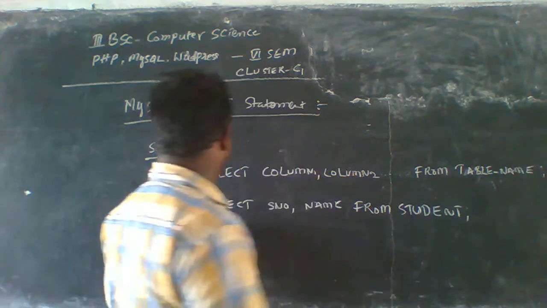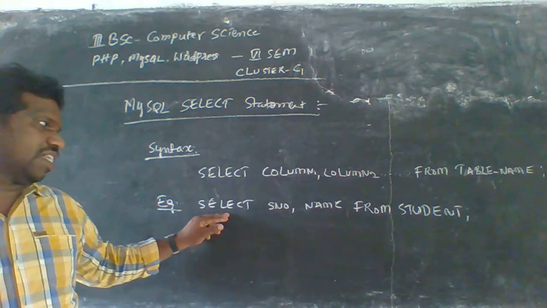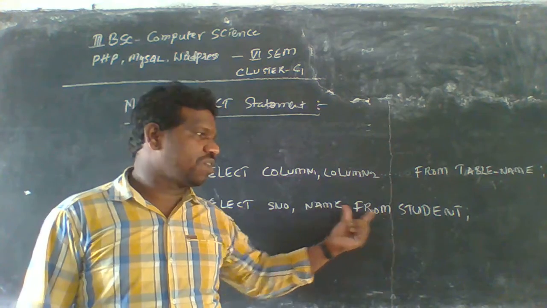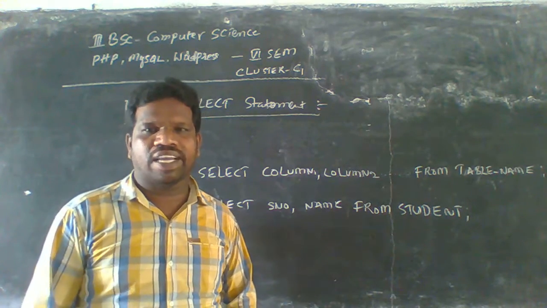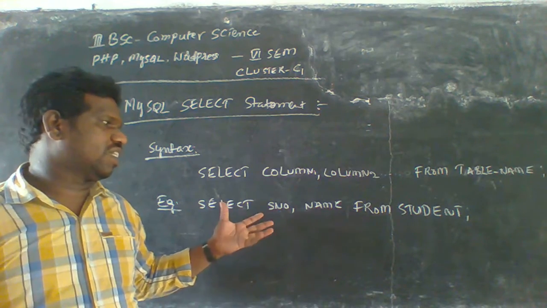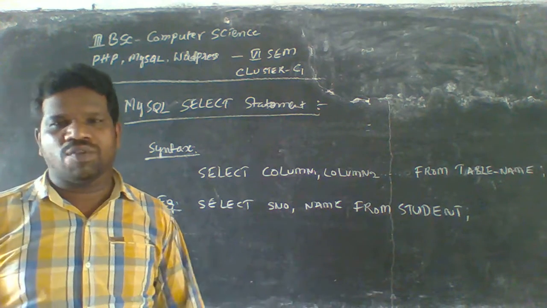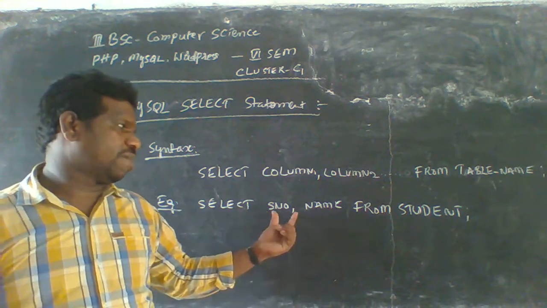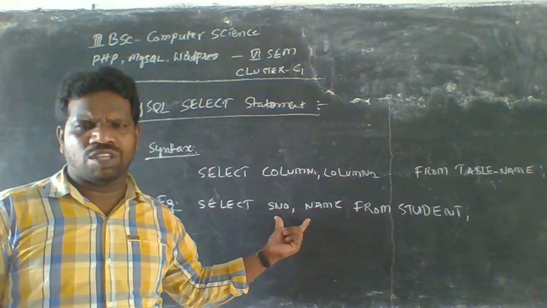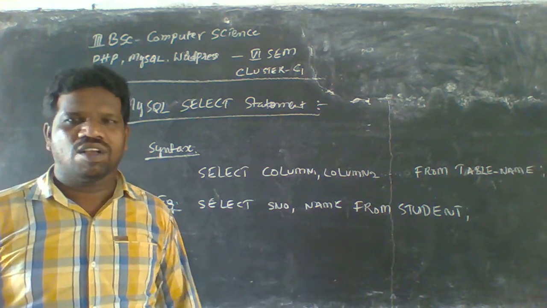Using this example, we can retrieve only the sno and name from the student table. That's why we can retrieve only specific fields of the table, here called the student table. In the student table there are two fields available, named sno and name, which can be shown below.